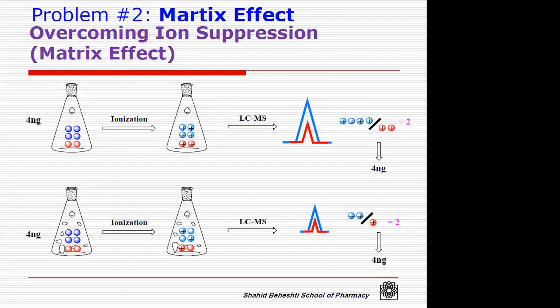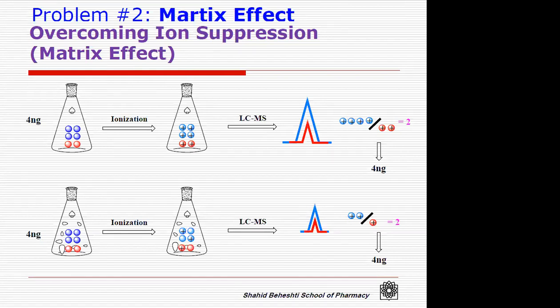And in the top picture, I have 4 natural phenylalanine divided by 2, which is equal again to 2. And both of these numbers are equivalent to 4 nanogram of the sample.